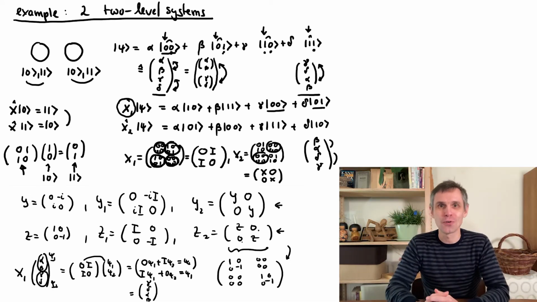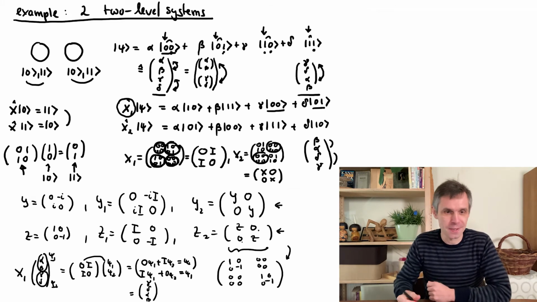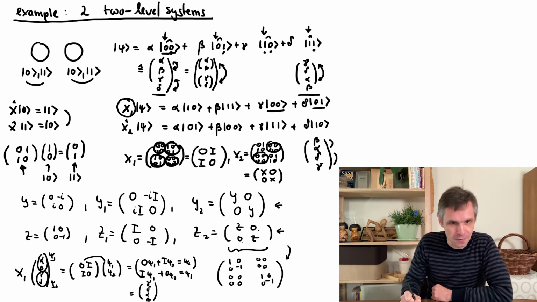We can use these block forms even to determine the eigenstates and eigenvalues of these observables. So for instance, when we think of the observable Z, this has eigenvectors (1, 0) and (0, 1) with eigenvalues +1 and -1.